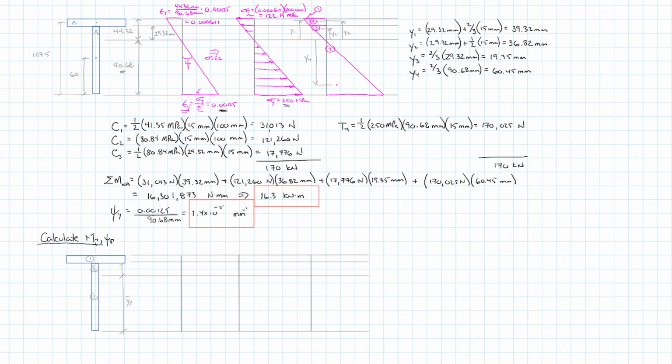So again, I'm going to start off in the same way we did before, and I'm going to draw my strain diagram. There we go, pretty close anyway. Passing through the neutral axis, equal to 0, top and bottom.